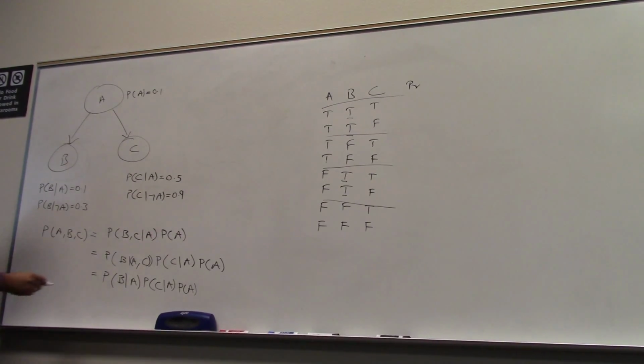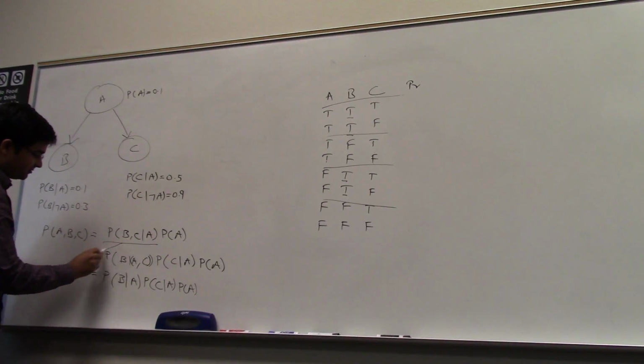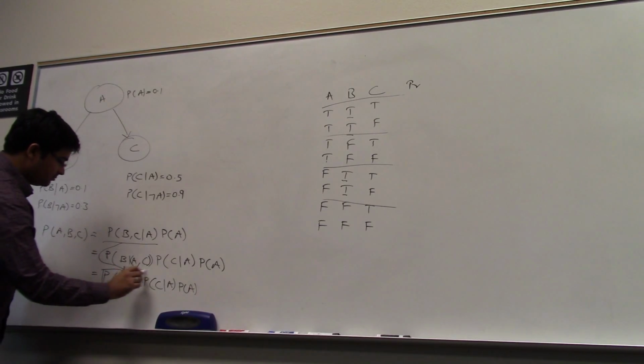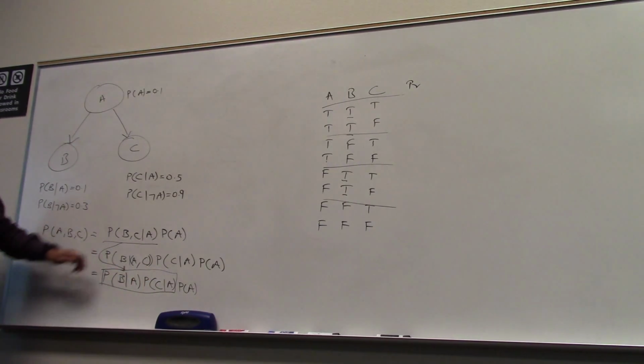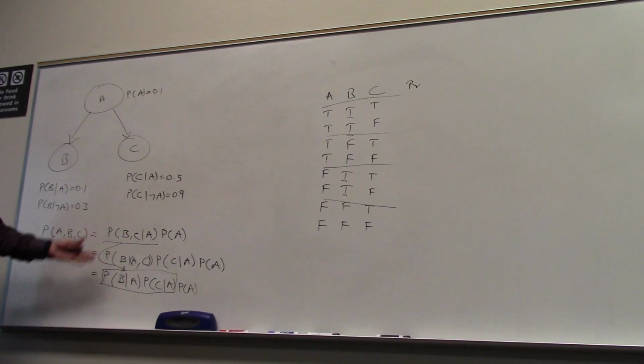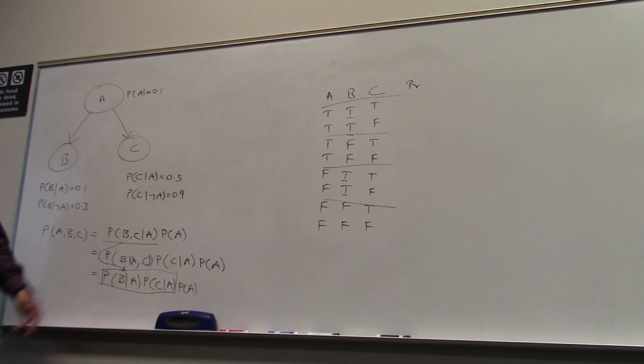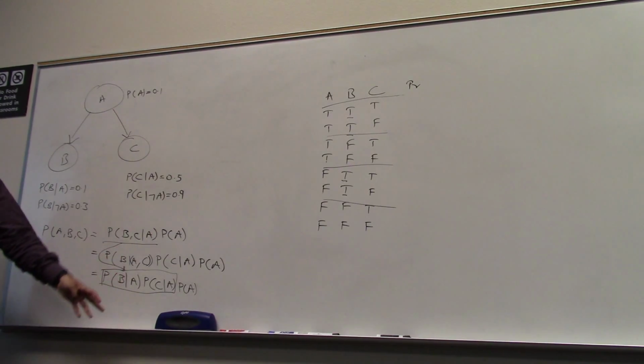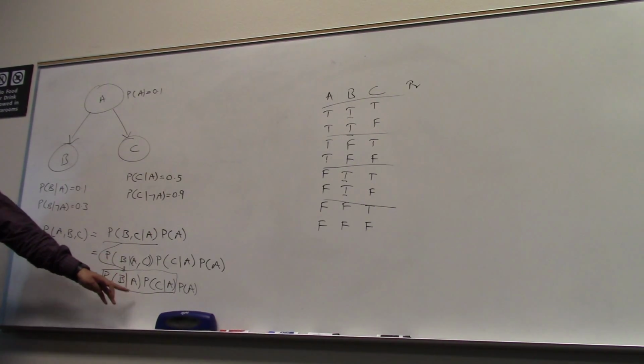You can also get the same thing directly from here, right? If you know that B and C are independent given A, it is the same as B given A and C given A. If two things are independent, then it's just PB into PC. Right? Same thing.